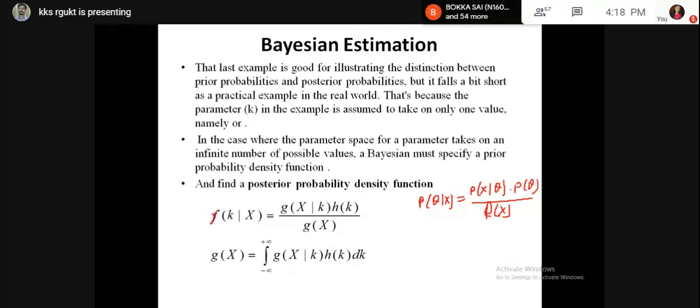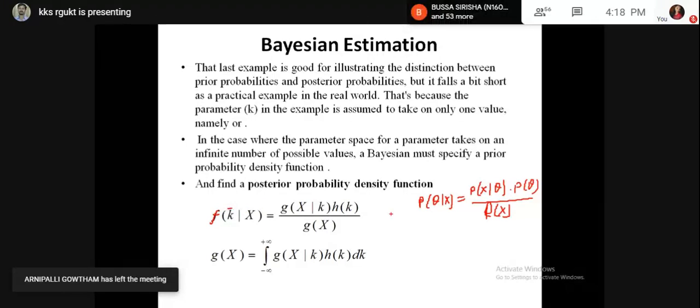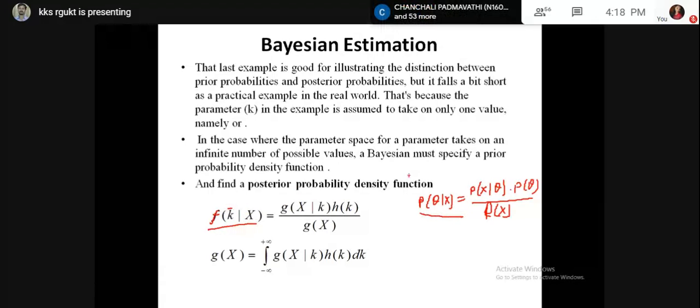A function, the PDF, probability density function, gives an infinite number of values. So if the parameter space, that is theta, takes an infinite number of possible values, then instead of computing this, we have to estimate the density function.